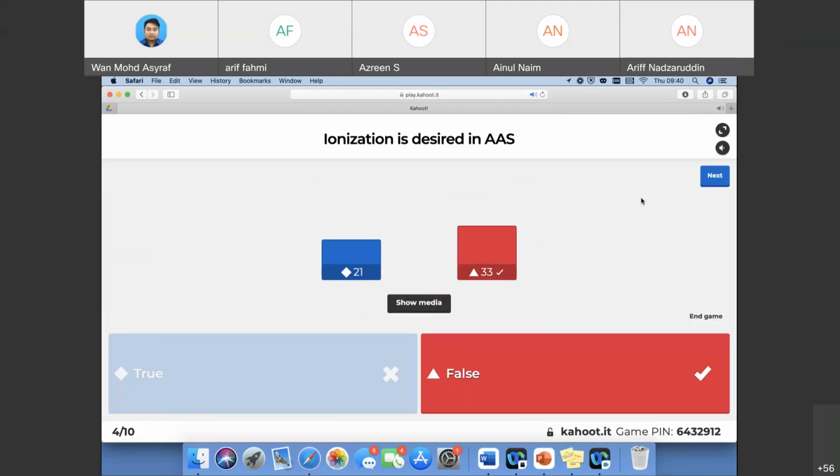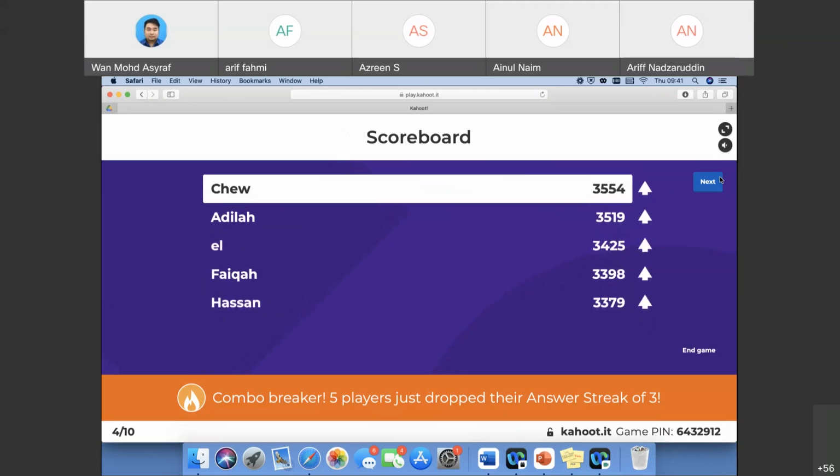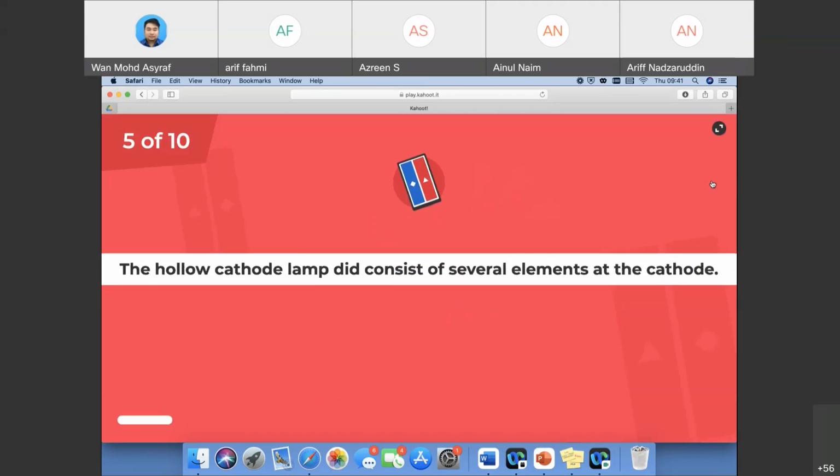So those 21 students, okay, ionization is not desired in AAS, but ionization is desired in ICP-MS because the separation is going to be based on the ions in the mass spectrometry. All right? Okay. So Chiu is leading now. All right, good.